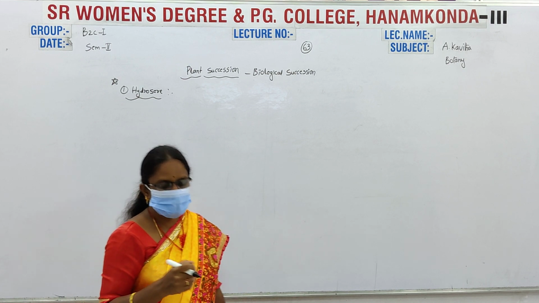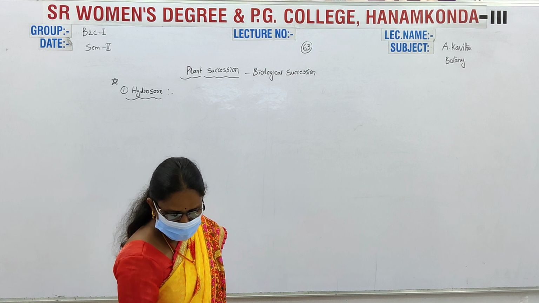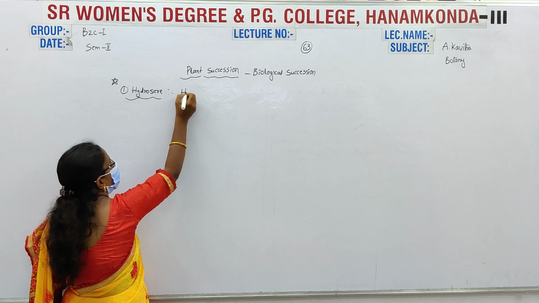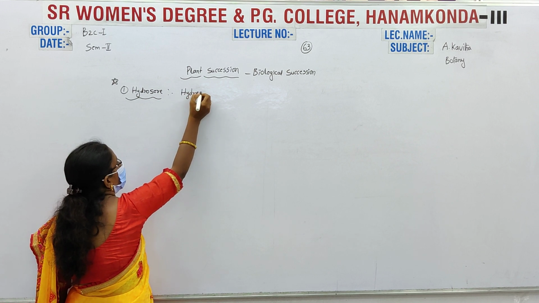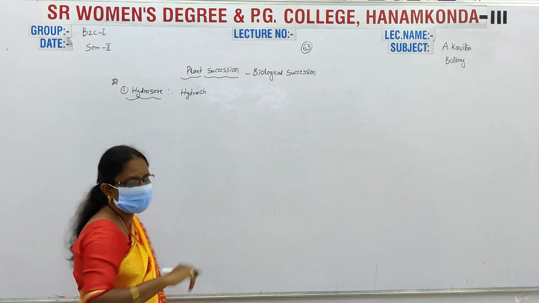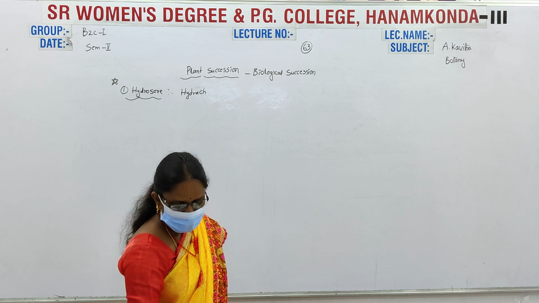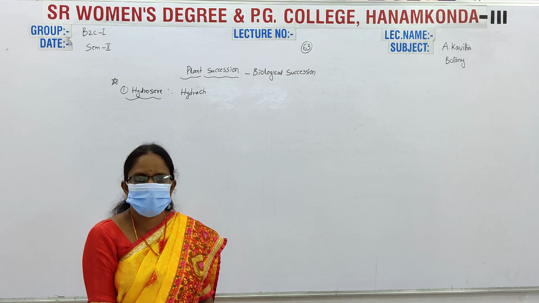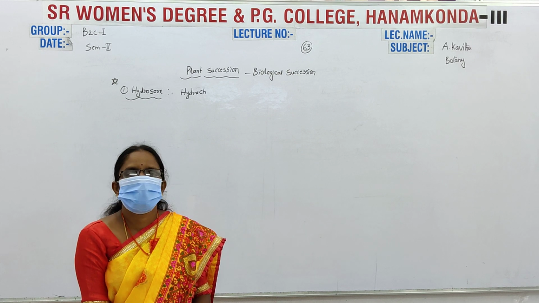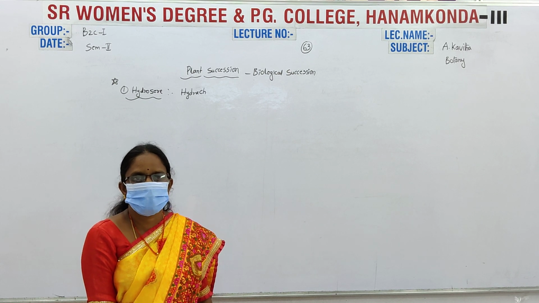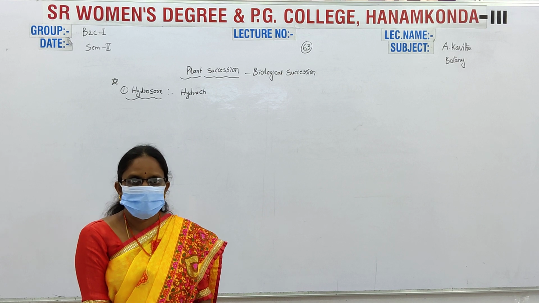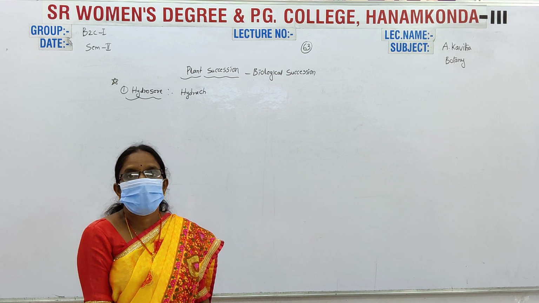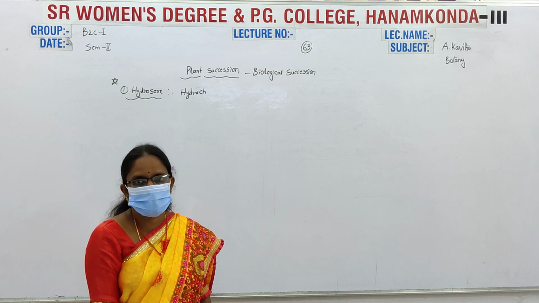First we will see the Hydrosere. Hydrosere is also called hydrarch. New plant communities develop in water related places, in the aquatic ecosystem.